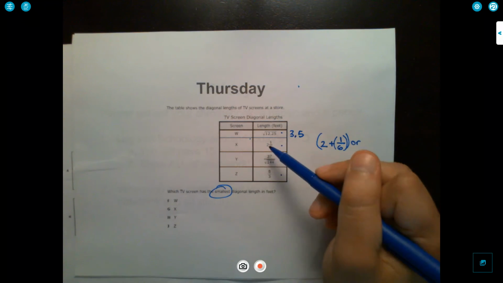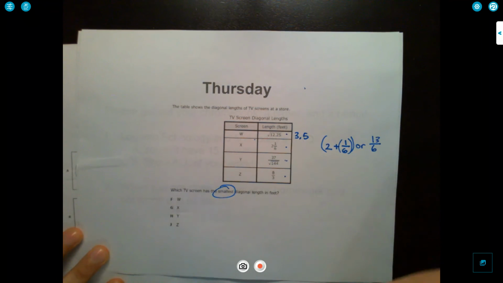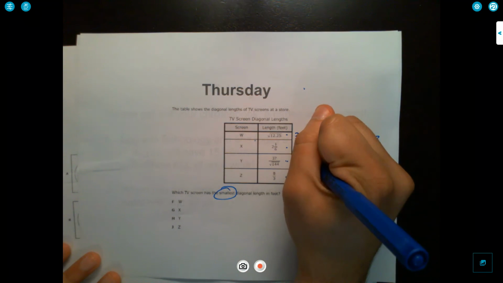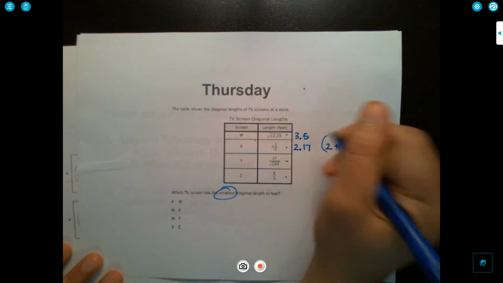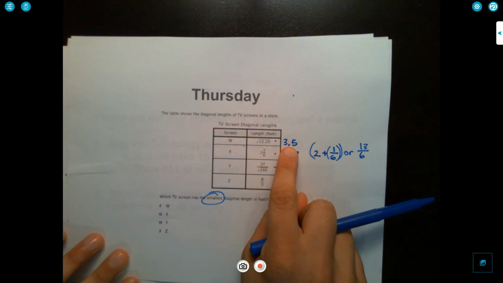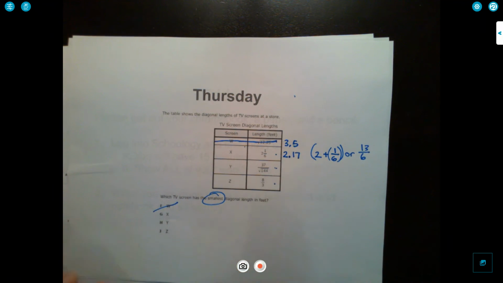So 2 times 6 is 12, and then 12 plus the numerator 1 is 13. Or you can type in 13 divided by 6, and the denominator stays the same. You'll get the same answer. I get about 2.17. So 2.17 is smaller than 3.5. So already I can go ahead and eliminate W because we're looking for the smallest number.